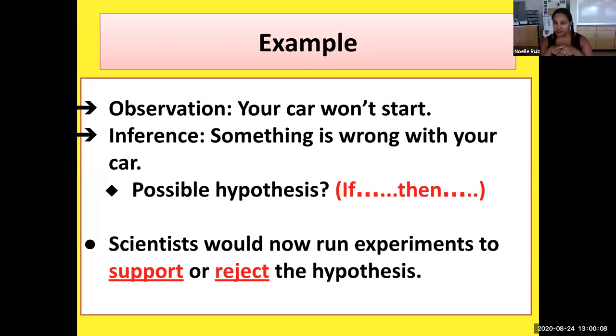So like for the engine, or for the fuel, if I do what, then what's going to happen to your car? You got to be able to make if-then statements. This is going to be on your quizzes this week. If your hypothesis is not in an if-then statement, then that's going to be marked wrong.